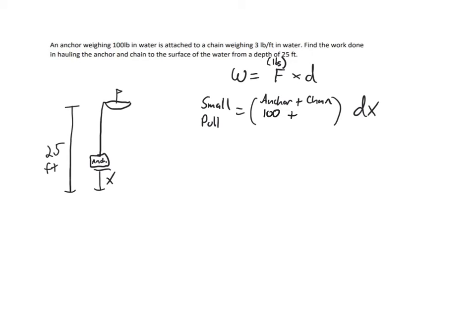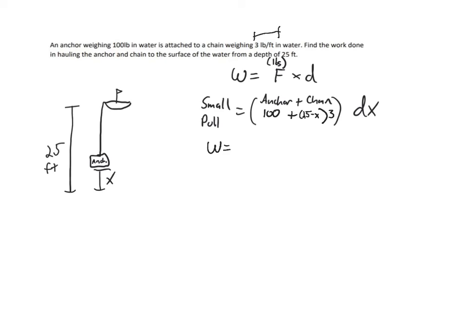However, for our pull, the length of the chain is going to be 25 minus x at this moment, because we've already pulled the anchor up x feet. And then we know the chain has a weight of 3 pounds per foot. So if the chain's length is 25 minus x, we want to multiply that by 3 to get the weight of the chain.